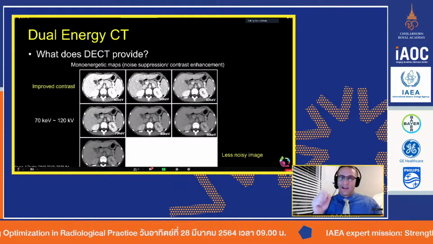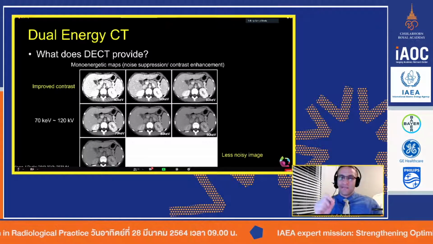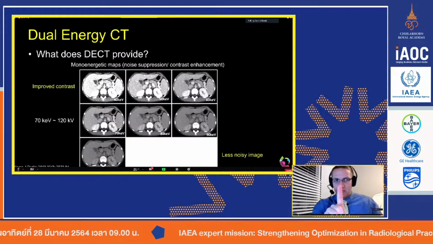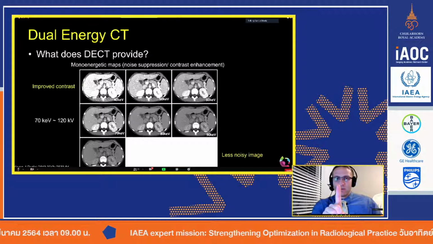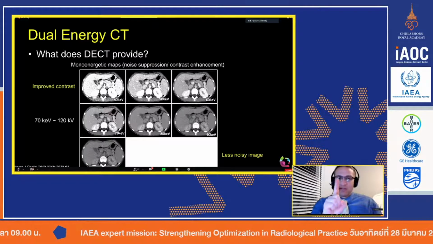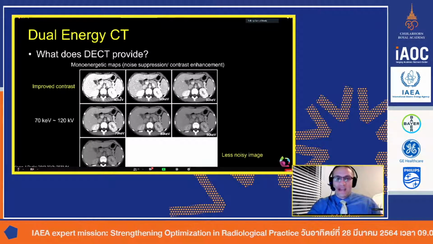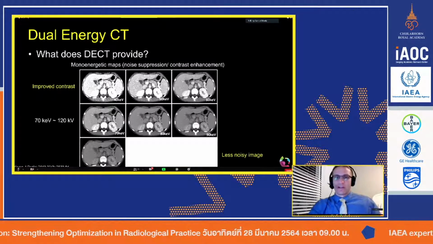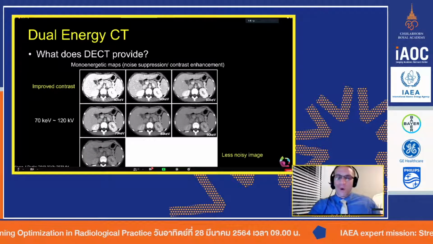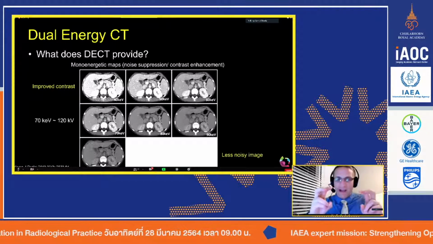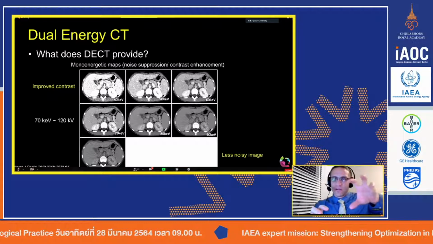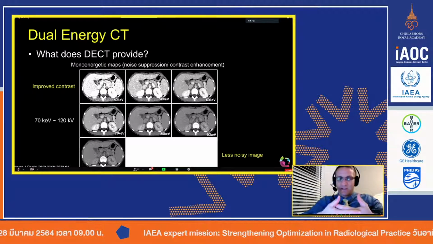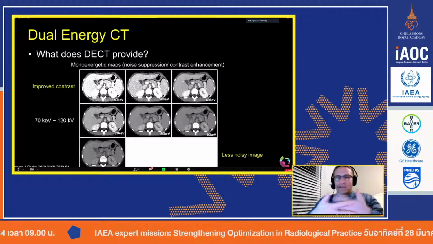If we had the ability to image with just one energy, one monochromatic photon, if we had somehow the ability to only image with 40 keV photons, then that's what the image would look like. But what we're trying to do is mimic that by taking a little of the low energy and a little of the high energy and mathematically calculating it. So they'd be subtly different, but that's just how it is.